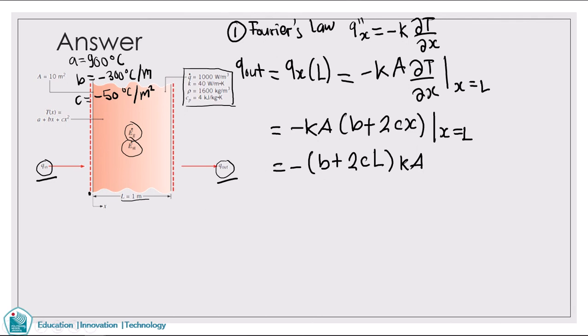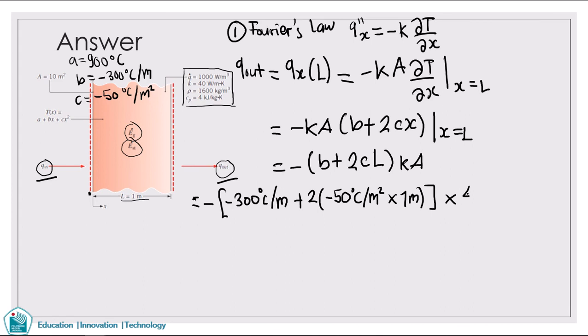Since L equals 1 meter, we can substitute all the values. This is minus B, which is minus 300 degrees C per meter, plus 2, the C is minus 50 degrees C per square meter, multiplied by 1 meter, and multiplied by K. K is 40 watt per meter Kelvin, multiplied by A. A is 10 square meter.